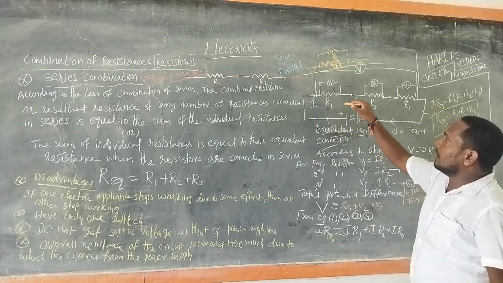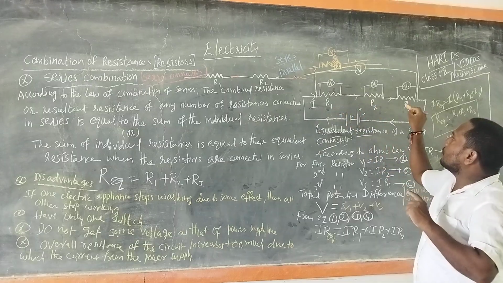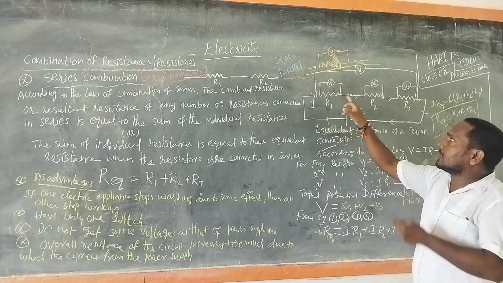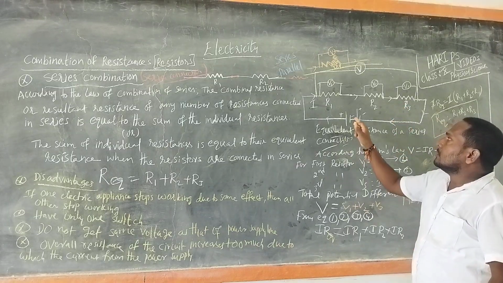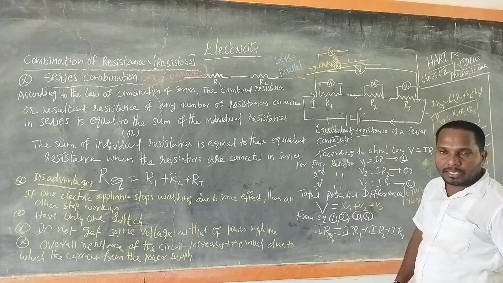For example, imagine that R1, R2, R3 are three different electrical appliances connected in series. What will happen if any one of them is not working?